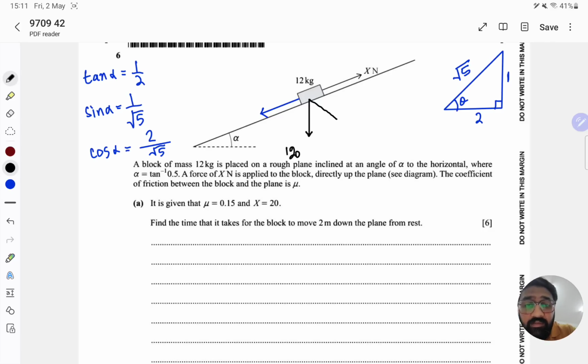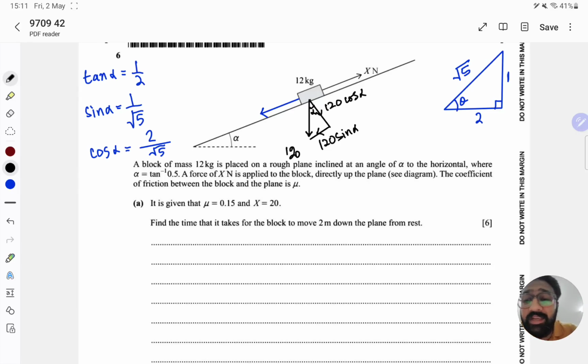If I resolve it into the vertical and the horizontal, this will be alpha. So this component is going to be 120 cos alpha, and this will be 120 sin alpha.